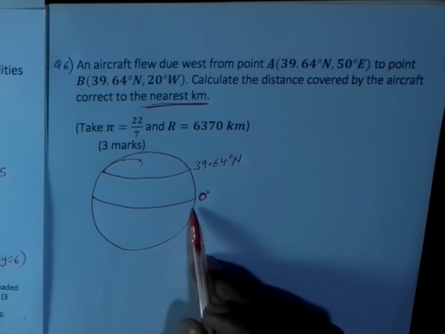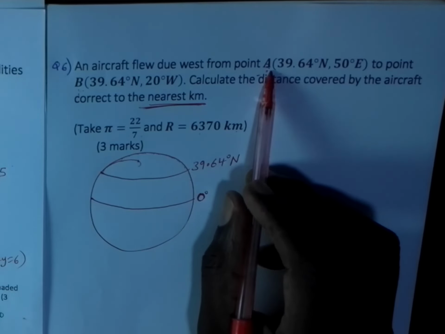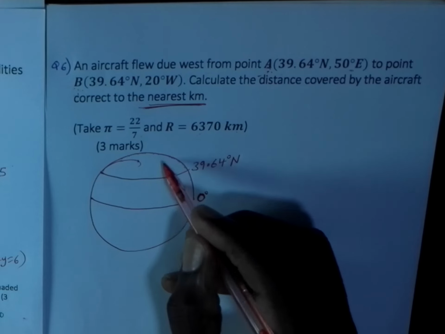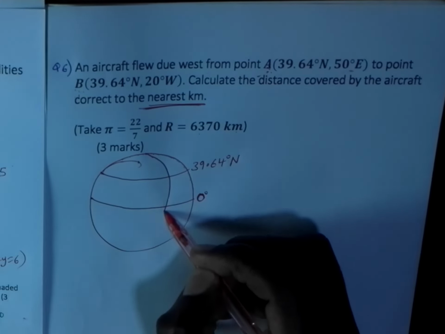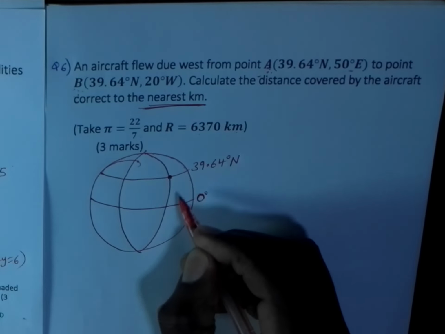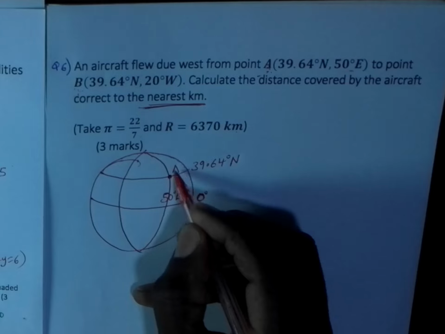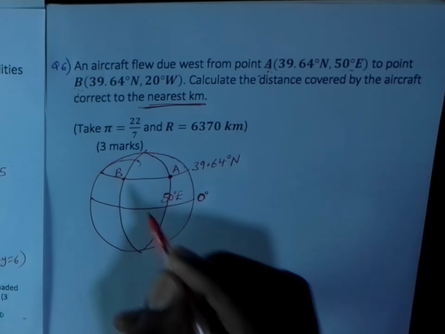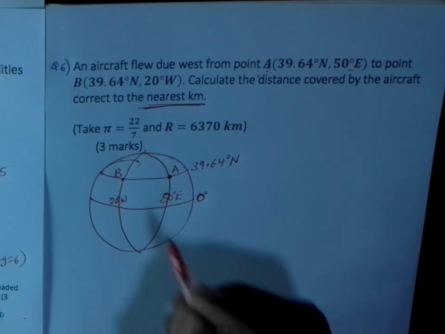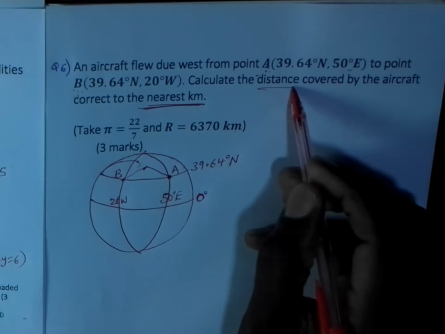That is the latitude for both points A and B. Point A is to the east, while point B is to the west, so they are on opposite sides of the prime meridian. So this is point A, 50 degrees east, and point B, which is 20 degrees west.